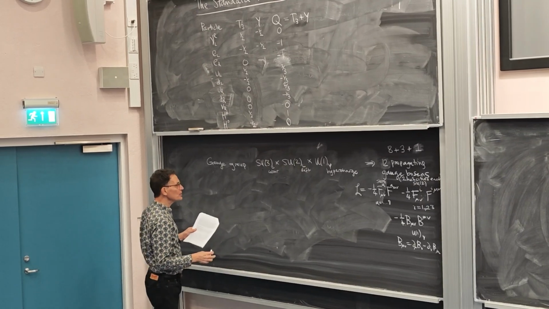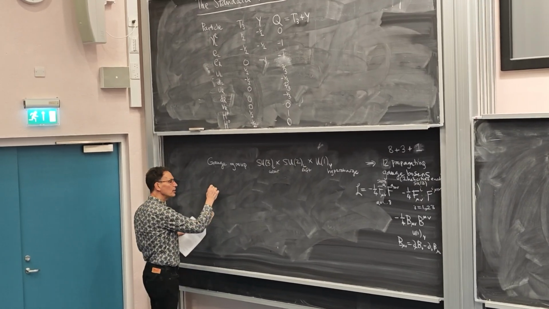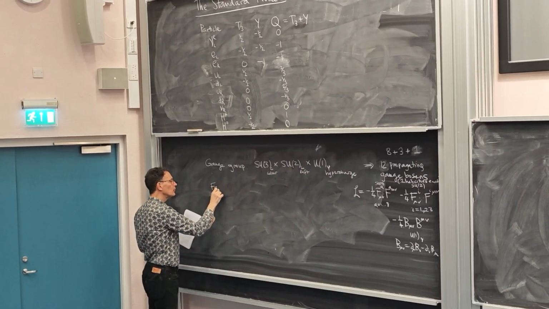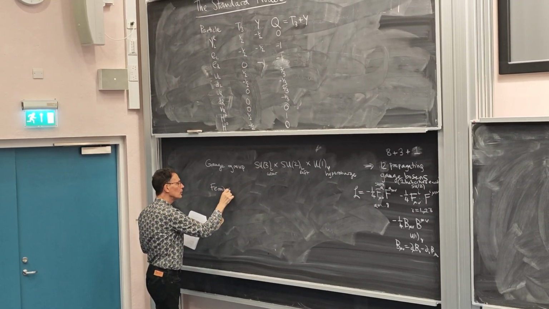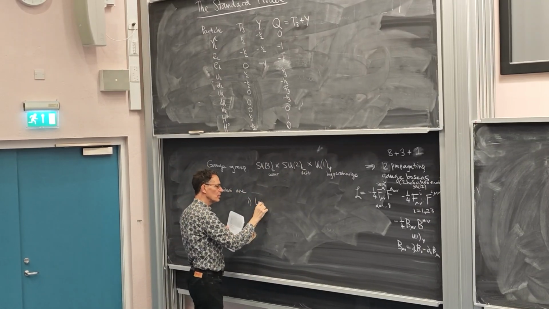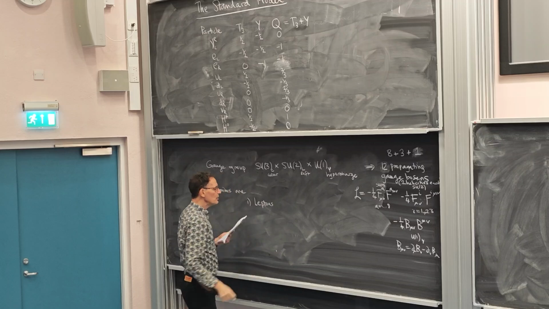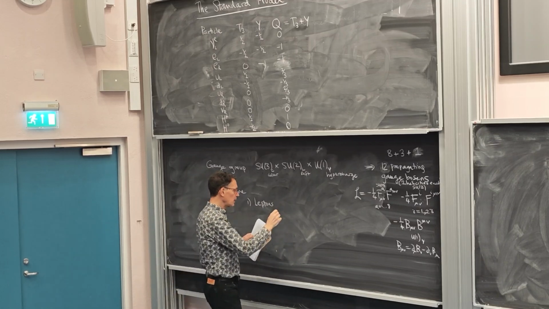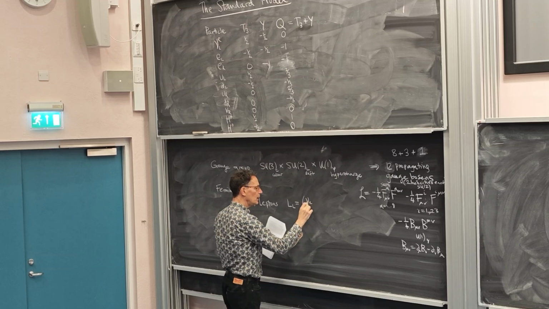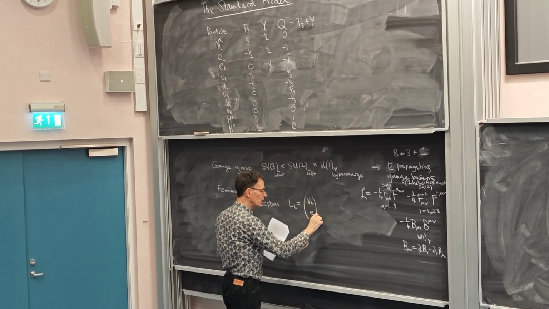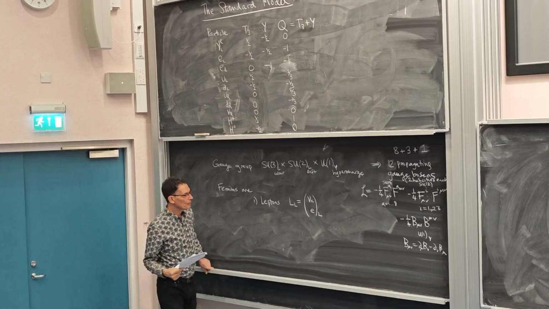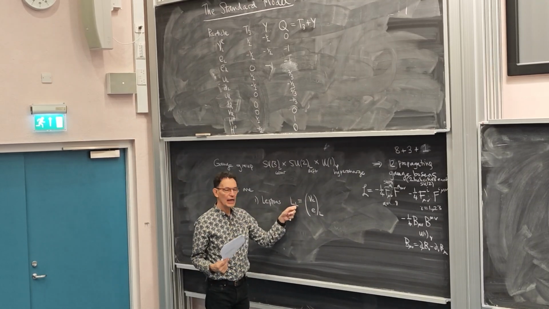Okay, so now we've got to decide what representations the fermions are in. So the fermions are first of all the leptons. The leptons include things like the electron and the electron neutrino. And they are described by their left-handed fields.